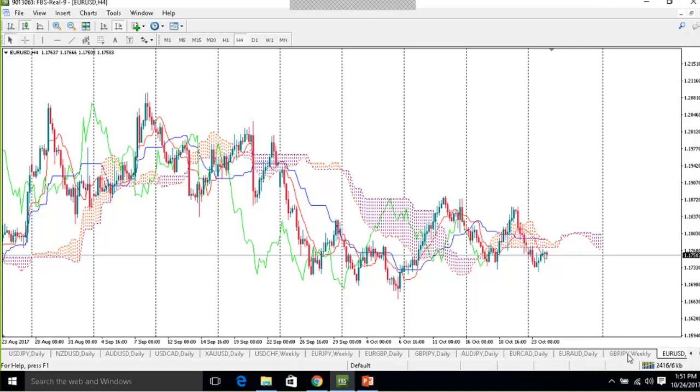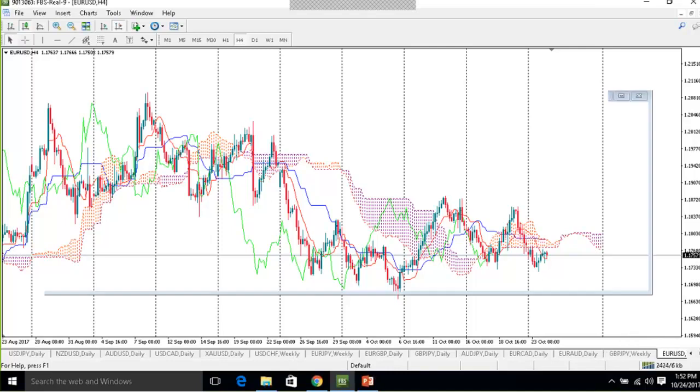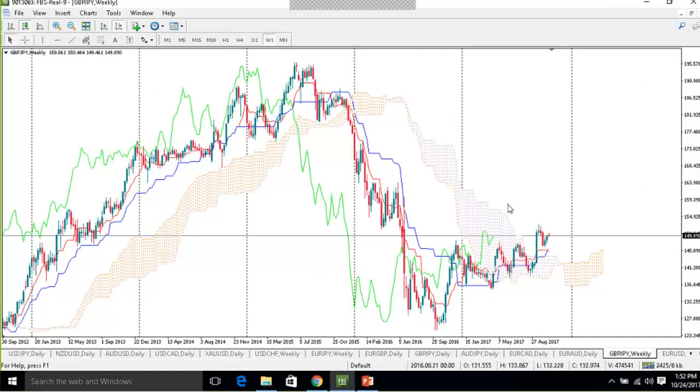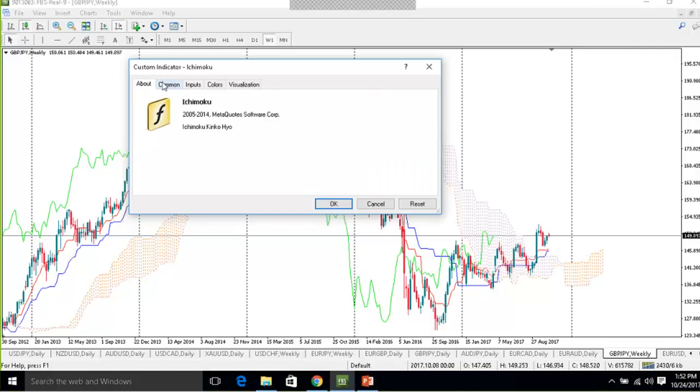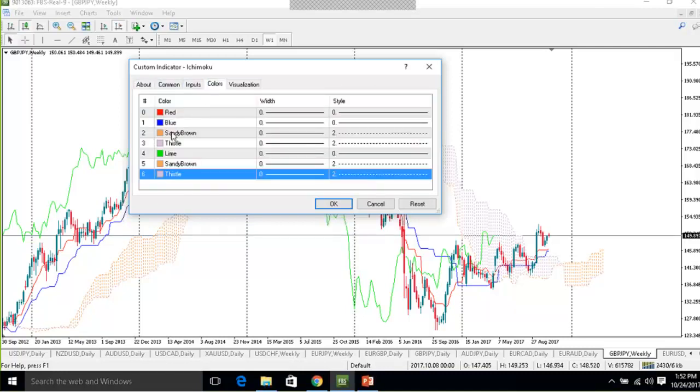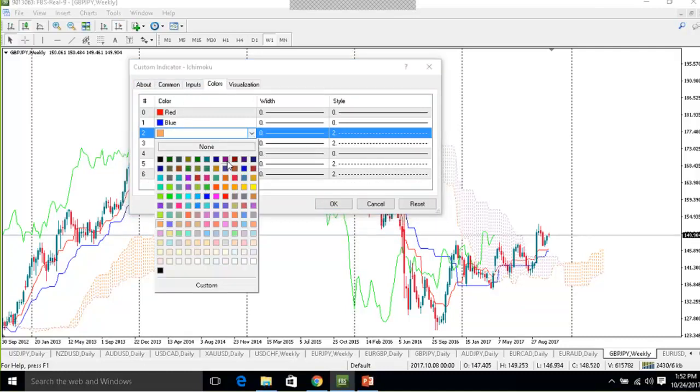Let's have a look at some other currency pairs. Many traders tend to use Ichimoku techniques analyzing the currency pairs which include the Japanese yen, just thinking that this will be good for the analysis of the pair. And I quickly make the cloud more visible here.